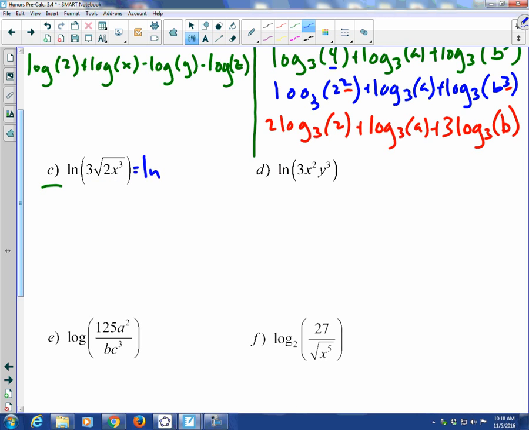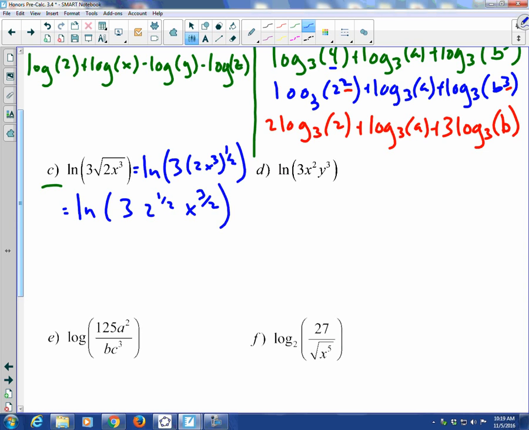We can rewrite the natural log of 3 square root of 2x cubed as the natural log of 3 times 2x cubed to the 1/2. And now if we distribute that exponent of 1/2, we're going to have the natural log of 3 times 2 to the 1/2 times x to the 3/2.